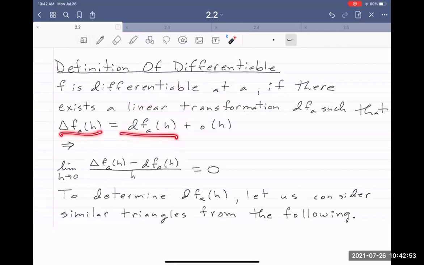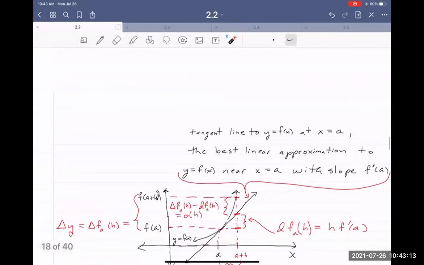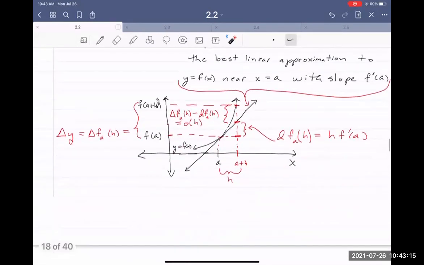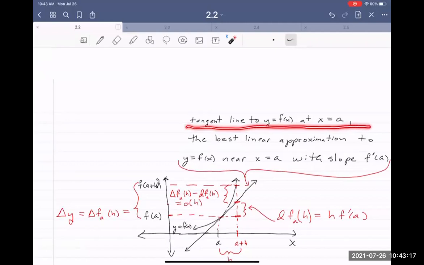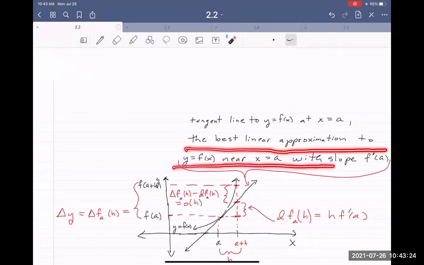Linear approximation, best meaning little o. So this is the best linear approximation to f near x equals a. The tangent line to y equals f of x at x equals a is the best linear approximation to y equals f of x near x equals a.